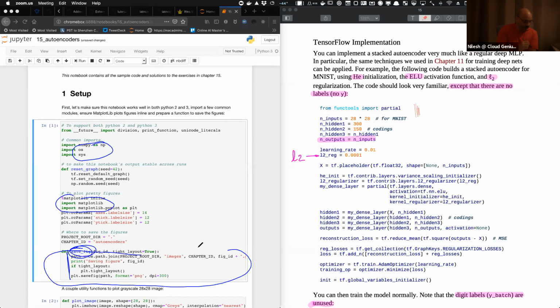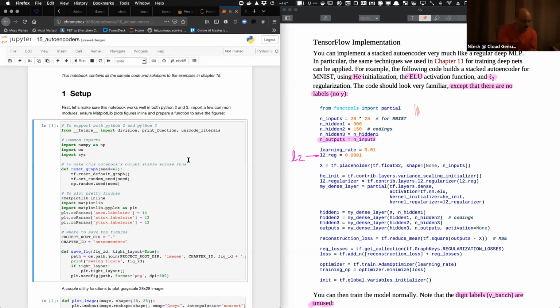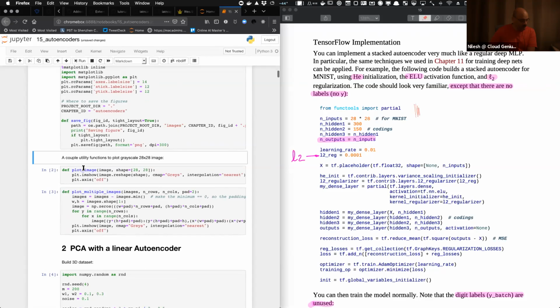That's what I'm going to run right now. Then we have some utility functions we are creating: plotting an image and plotting multiple images. So two more functions defined.